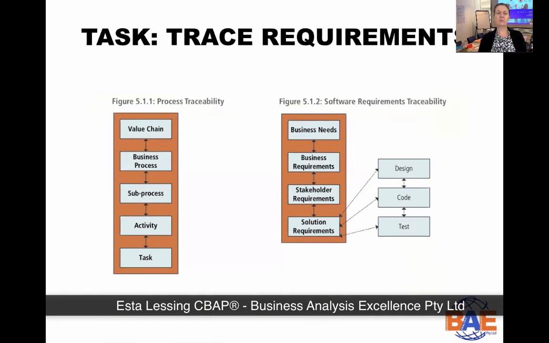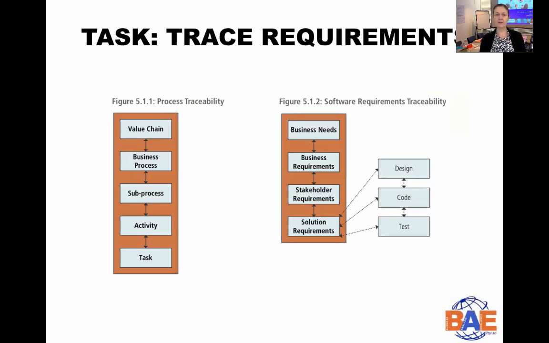That is basically when you start at a high level, the value chain, literally at the highest level of a particular business process, and you trace down through the business process, then you trace the sub-processes related to the business process, then you track the activities related to the sub-process, and then the tasks that are related to the activity. So it's like a hierarchical tracing of the different components of a process initiative.